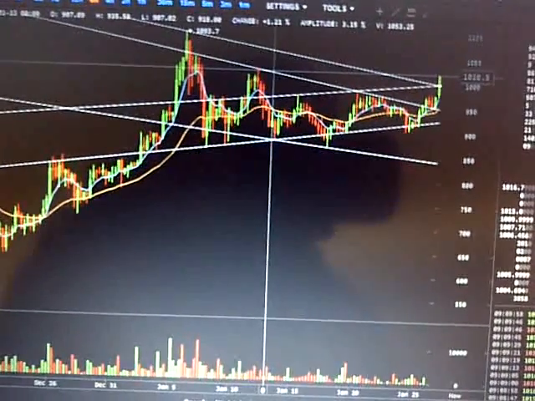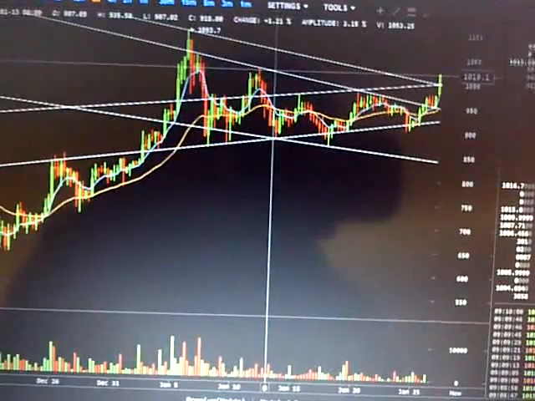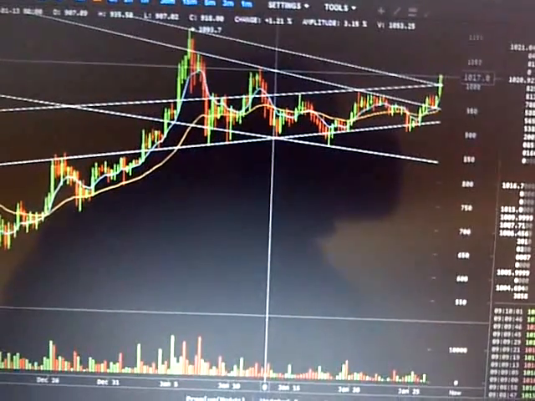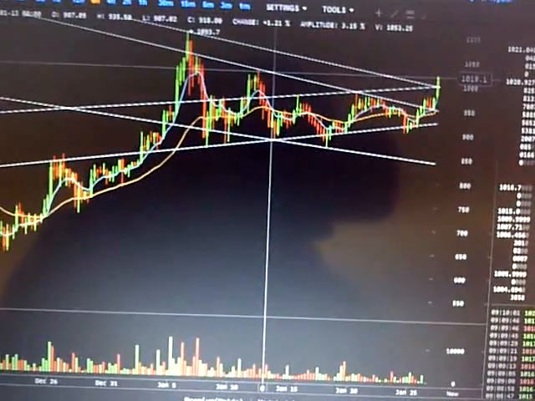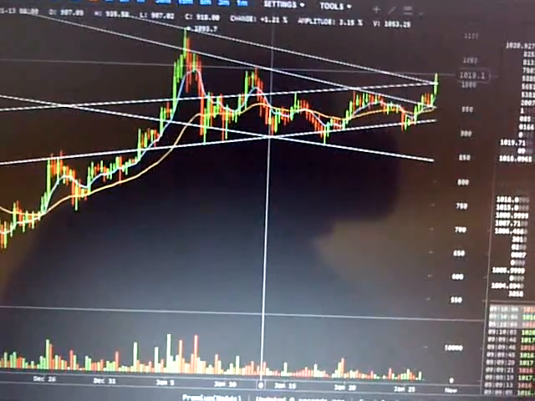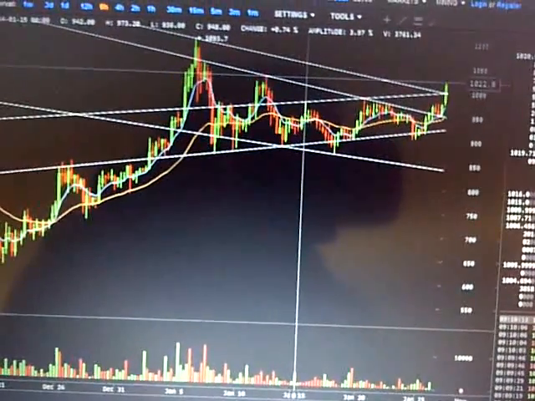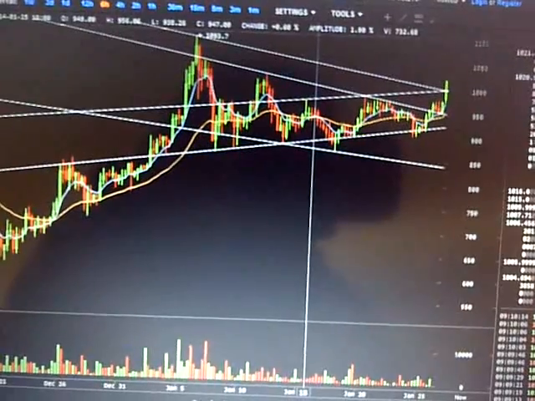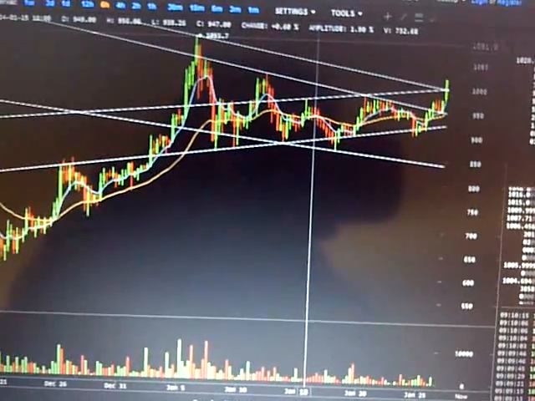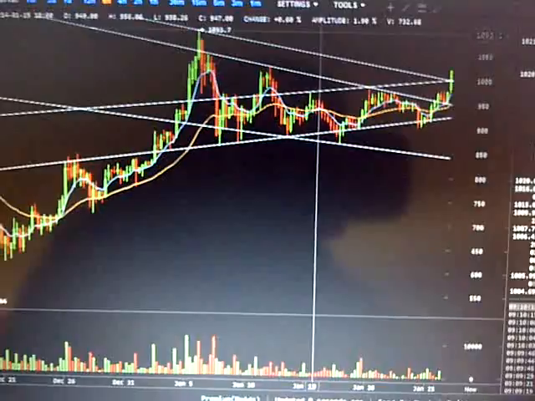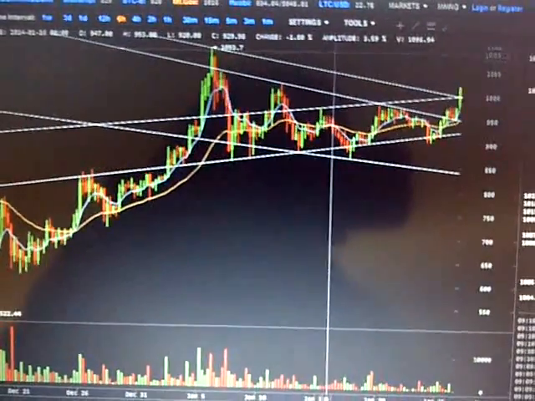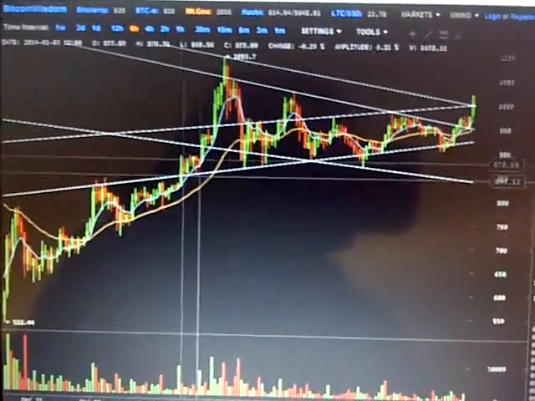So it's already reached that price right here, and that's becoming a form of resistance. But it looks like it's breaking above it, so that's awesome. So that means the next price resistance will be 1100, somewhere around there.